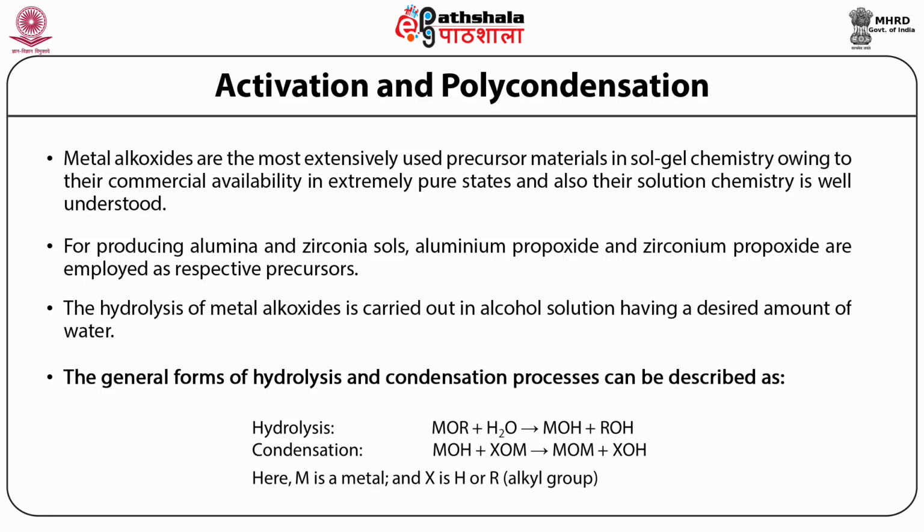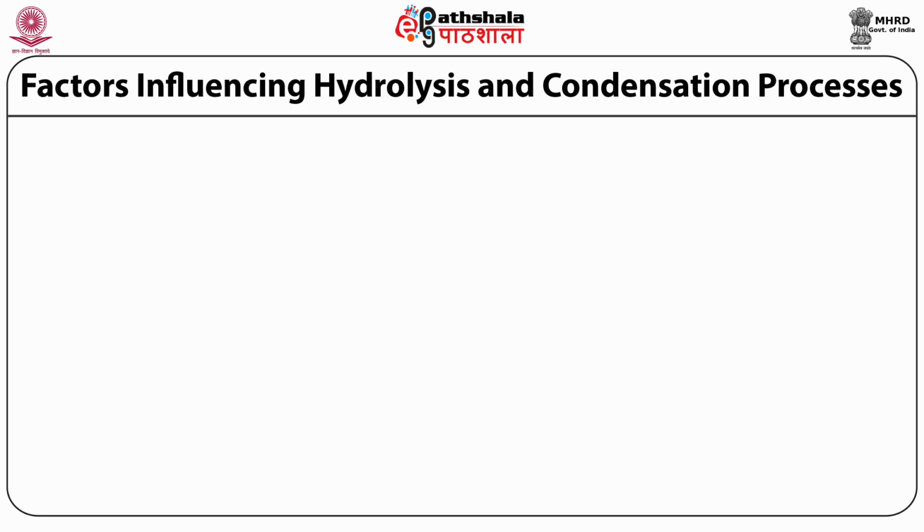These equations present a very simple picture of the sol-gel chemistry without elaborating upon the intermediate or end products. Nonetheless, these equations provide a general idea of the formation of the three-dimensional gel network which is driven by the hydrolysis and extended condensation. Let us next discuss the factors influencing any of these reactions.